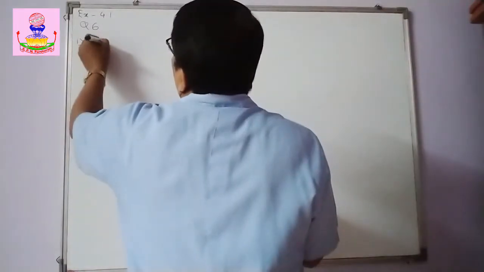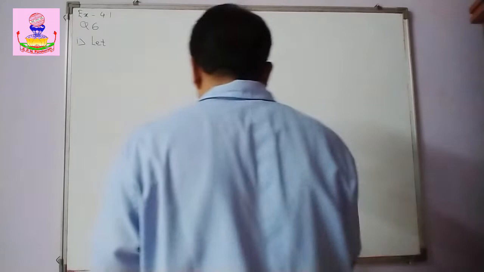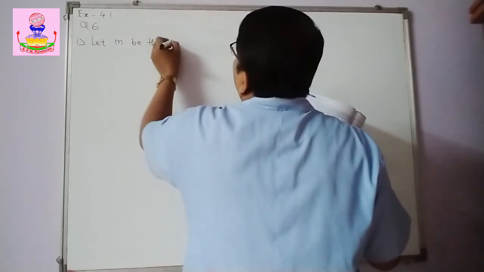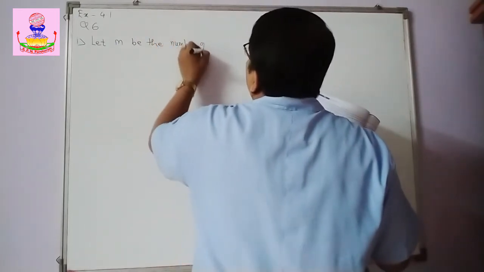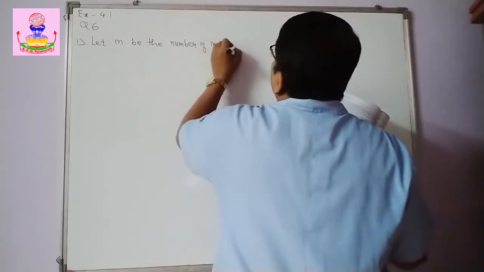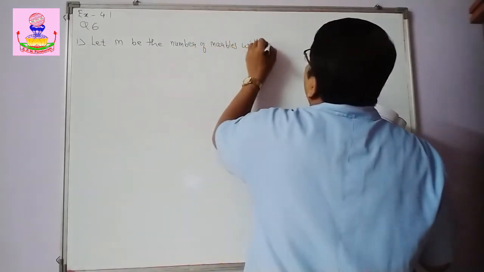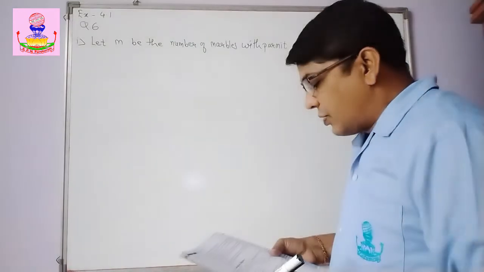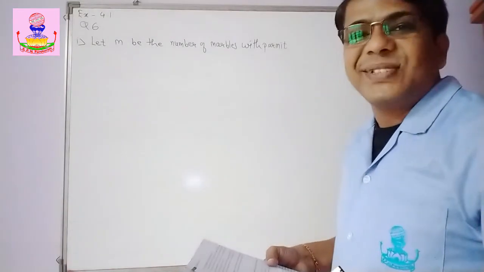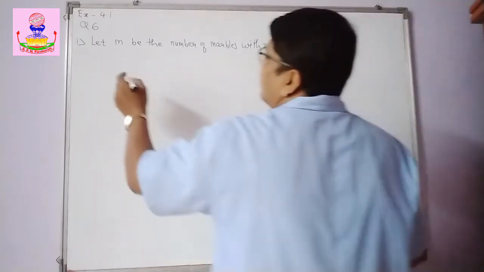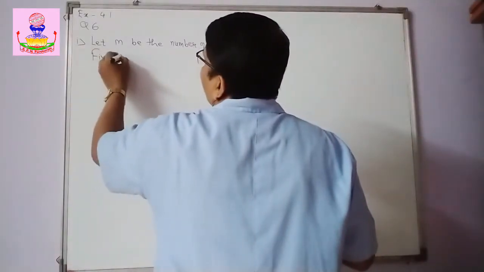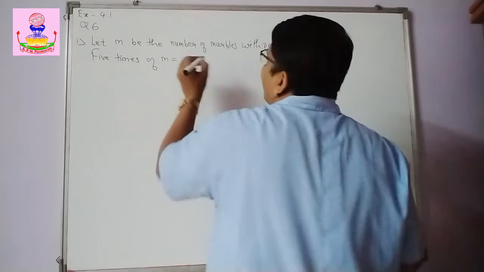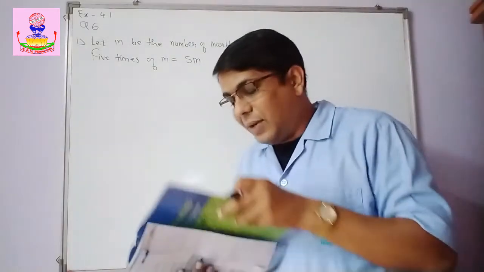We will say first, let M be the number of marbles with Parmeet. Now, 7 marbles more than 5 times. So 5 times of M will be how much? 5M. Right? We are going step by step.